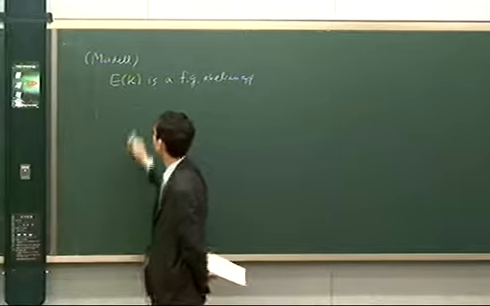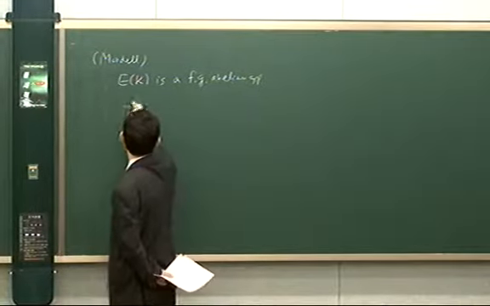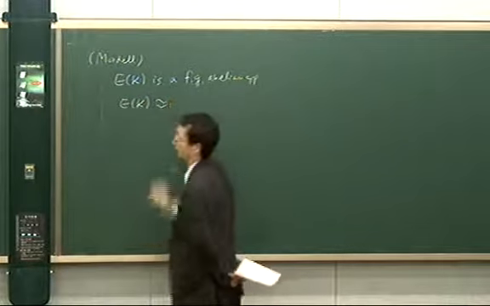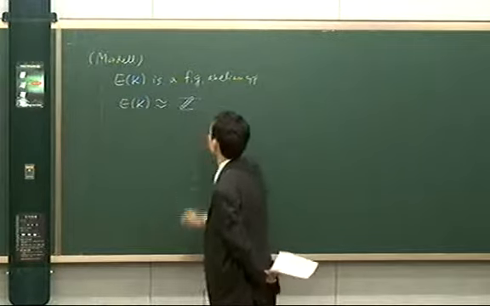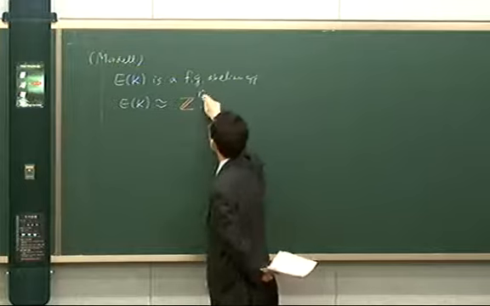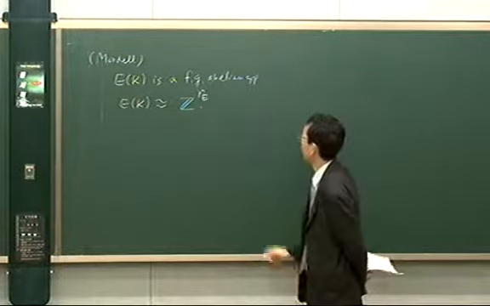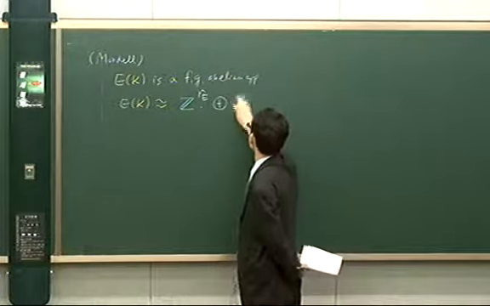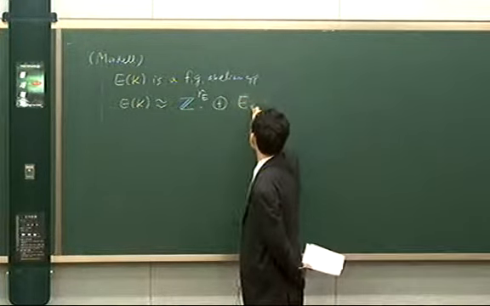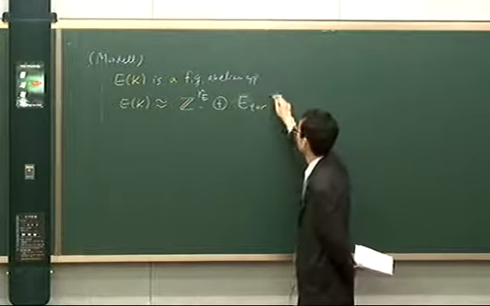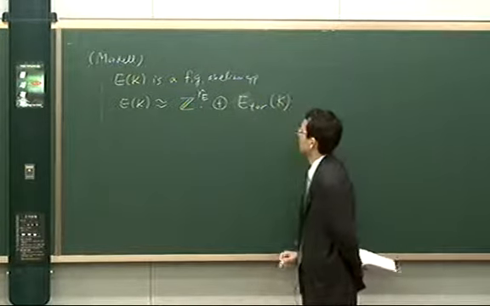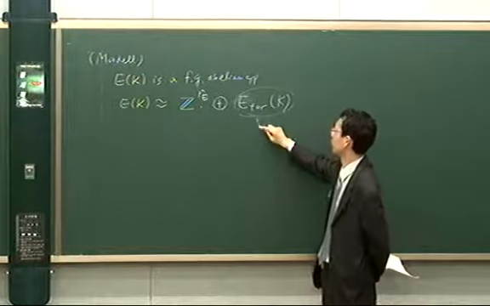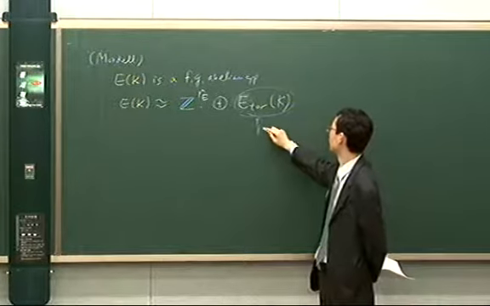So it has a free part and a torsion part. So if the rank is r_E and the torsion part we denote by E_torsion(K), here E_torsion(K) is a finite abelian group.